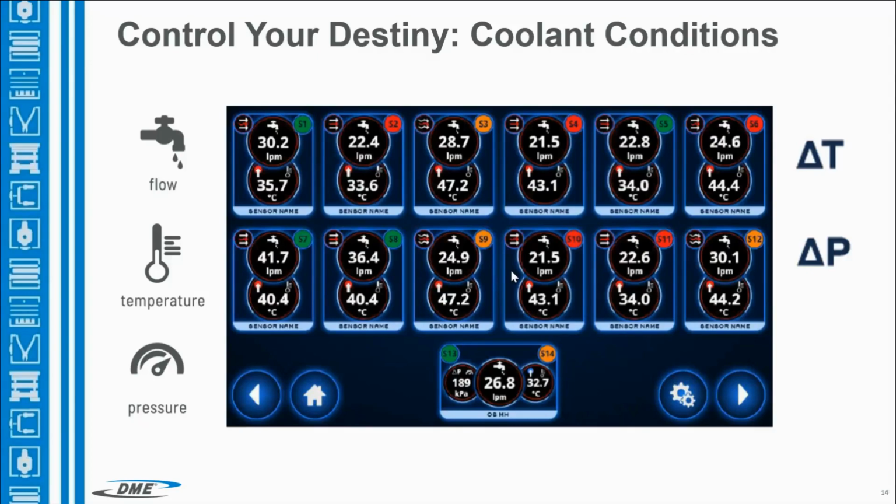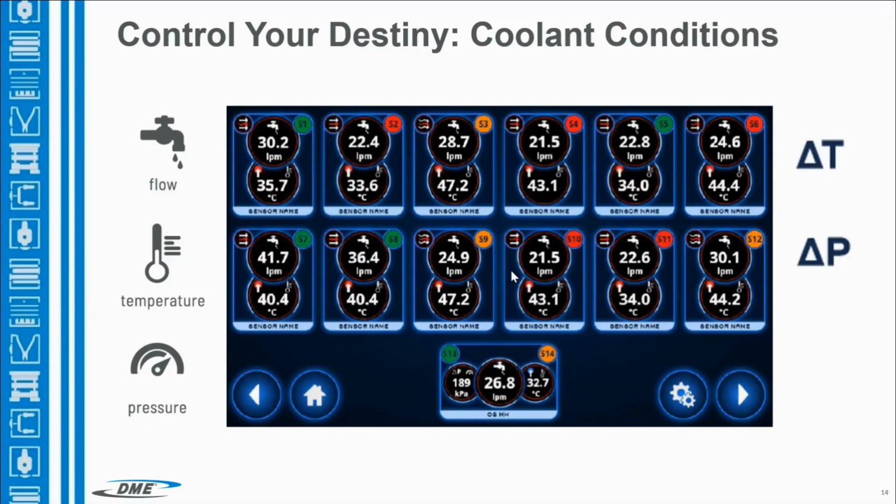And with the technology that's out there in the industry, there's no reason we should not be monitoring water flow rates, water temperatures, and the pressure drop between the inlets and outlets of our water channels. It's very simple. There are multiple suppliers of systems out there.